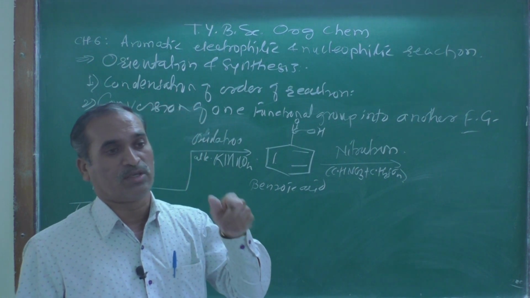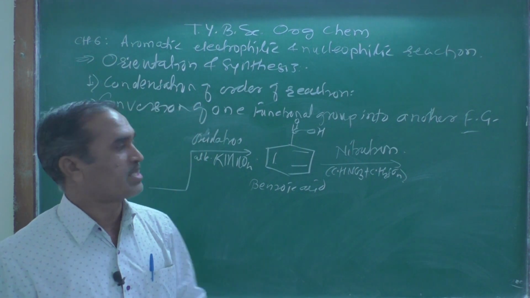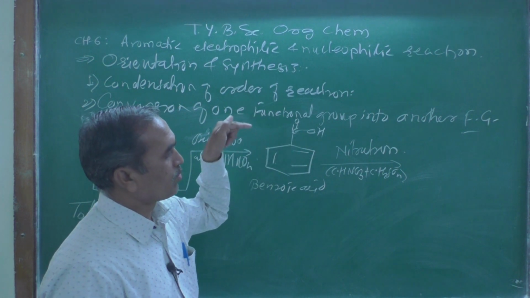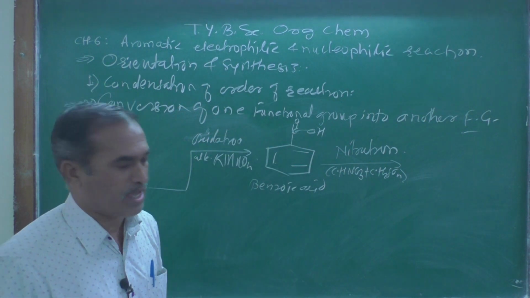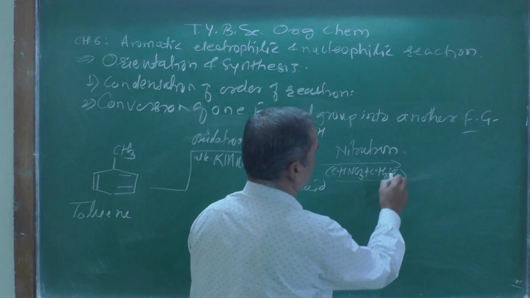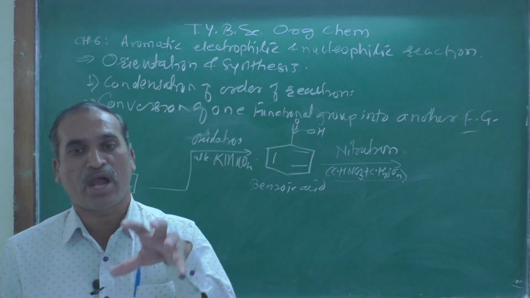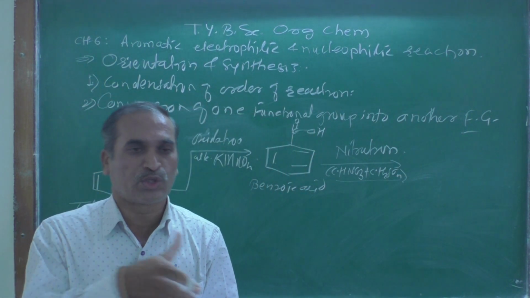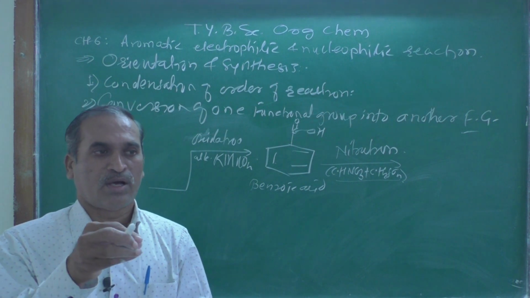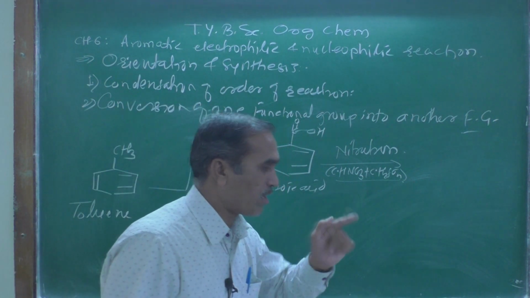Now again here is a carboxylic group, and this carboxylic group is a director. Director means it decides the position where the incoming group is going to attach. So here this is the nitrating mixture, meaning the nitronium ion is going to attach to the aromatic ring, but at which position?